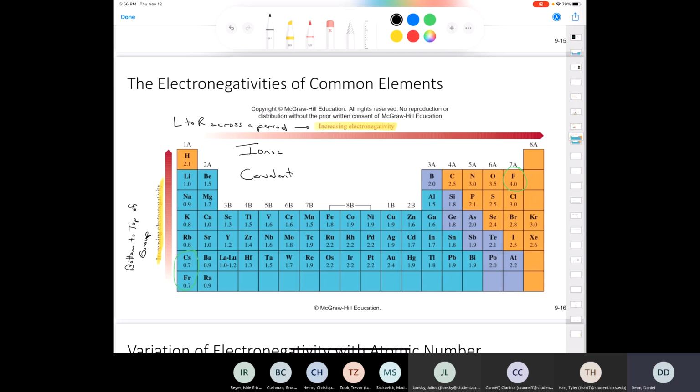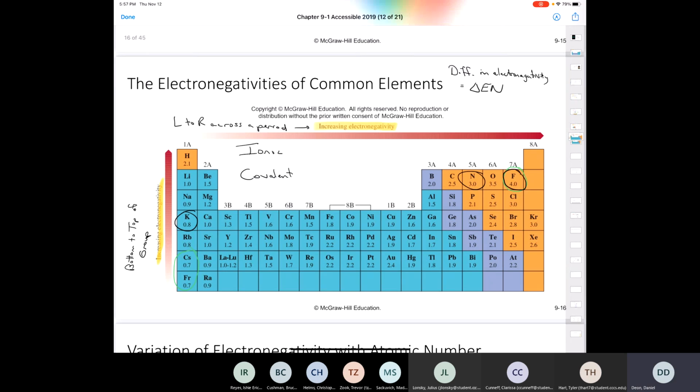So that means that the difference in electronegativity, which I'll write as delta EN, for ionic compounds is going to be higher than that of covalent compounds, isn't it? Because we're going to have a greater disparity in electronegativity between metals and nonmetals compared to nonmetals and nonmetals. We're going to see several examples of this along the way.